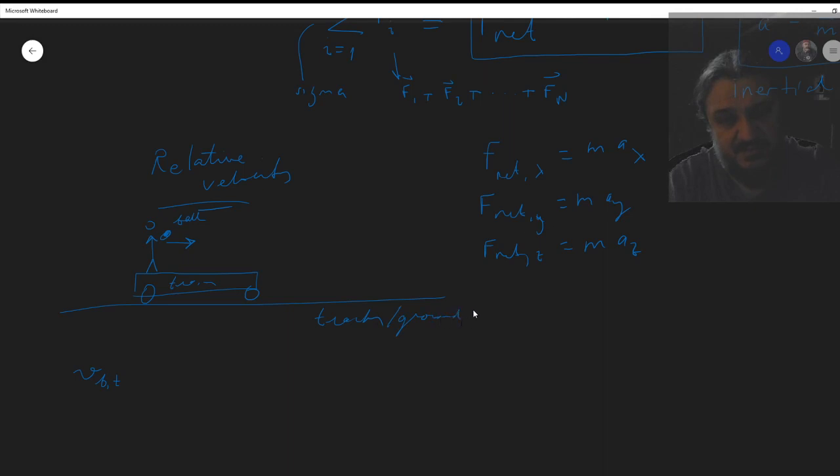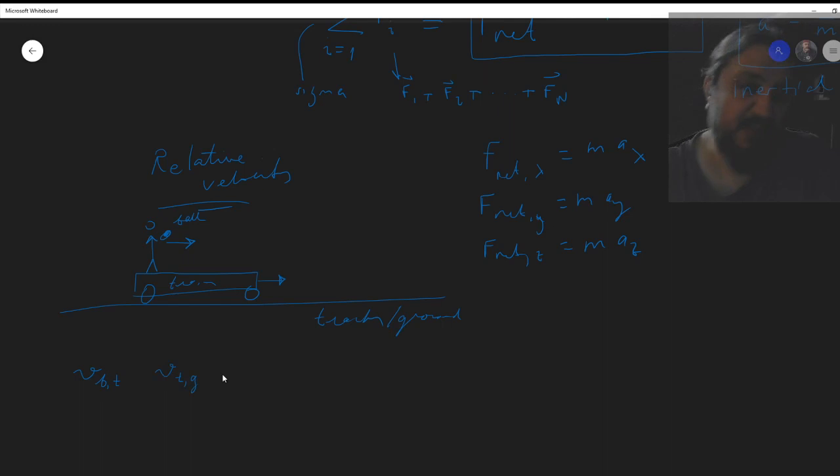There's a train station, so G. So VBT is the velocity of the ball with respect to the train, and then you have the velocity of the train. I keep saying speed, but what I actually mean is velocity. And you have the velocity of the train with respect to the ground, VTG.